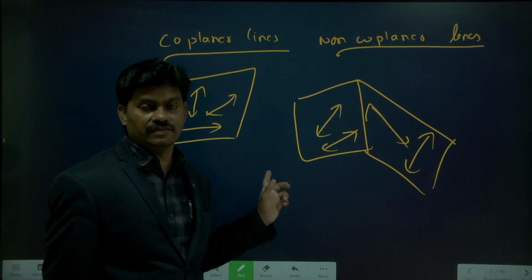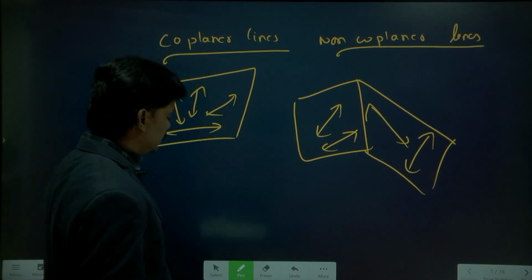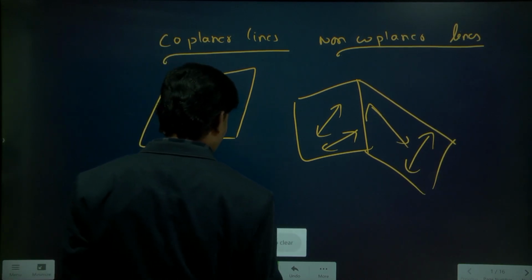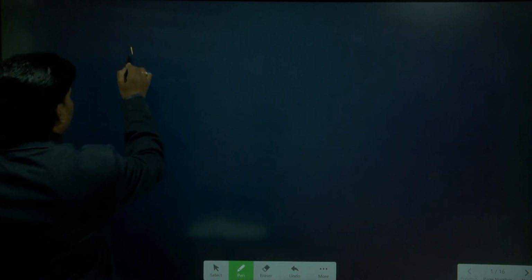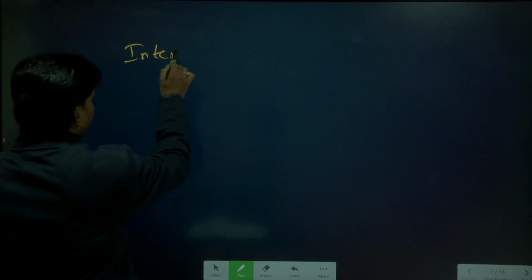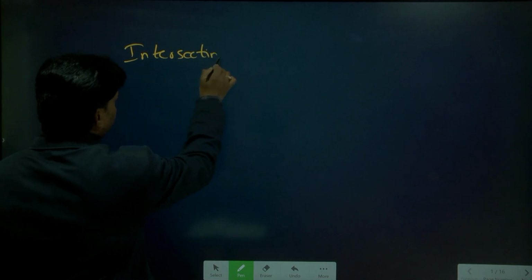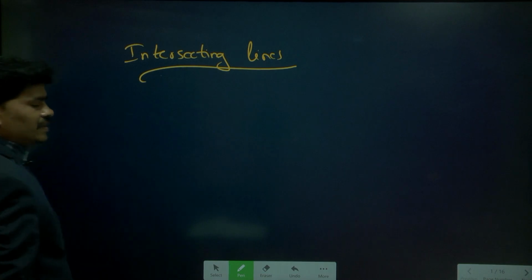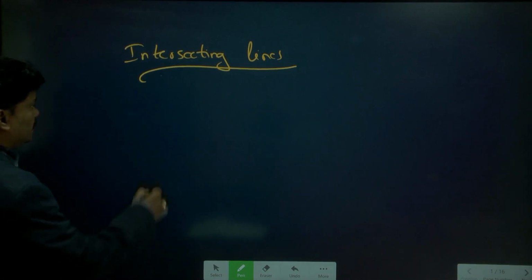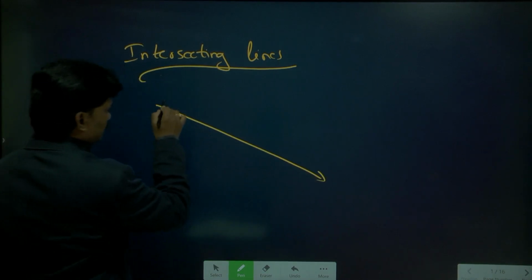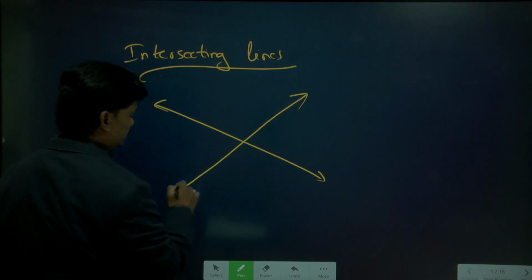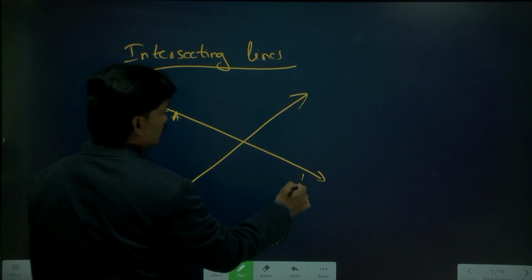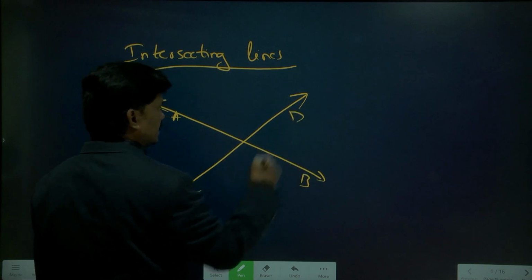Coplanar lines done. Next, congruent lines. Before congruent lines, let's see intersecting lines. So what are intersecting lines? Here I will take a line and I will take another line here. Let's say this is line AB and this is line CD.